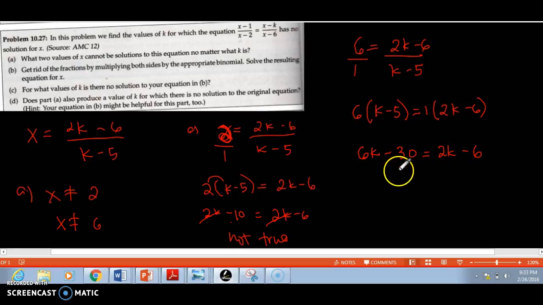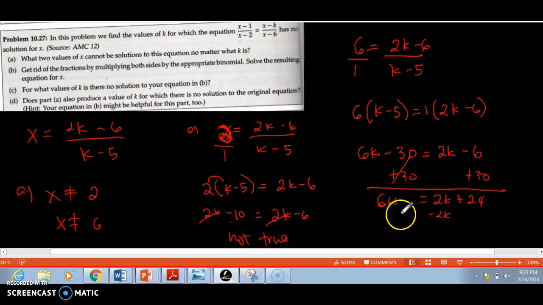Combining like terms, you add 30 on both sides, so you have 6k is equal to 2k plus 24. You want to combine all the k's, so you subtract 2k on both sides. Therefore, 4k is equal to 24. So from here, you know that k is equal to 6, 24 divided by 4.